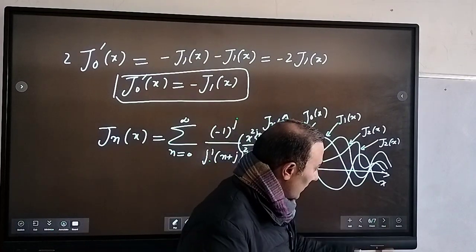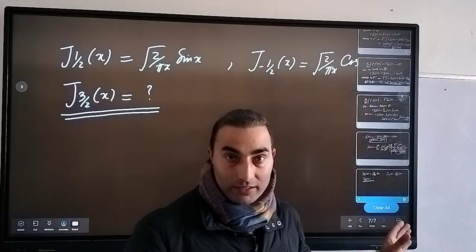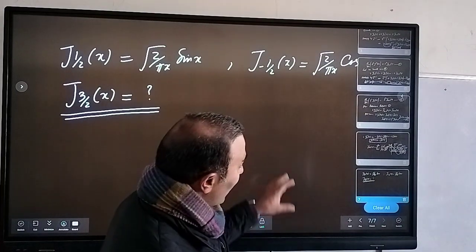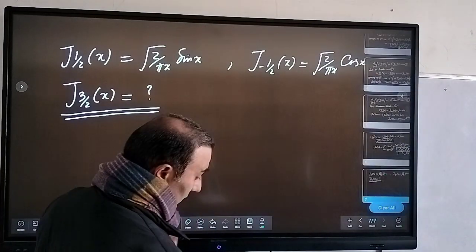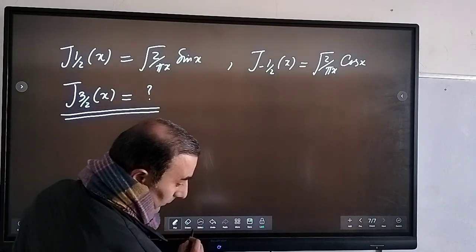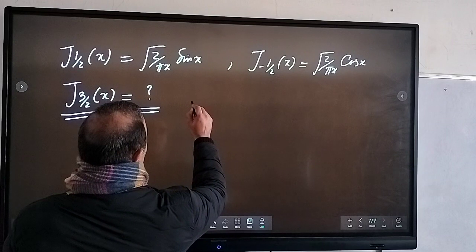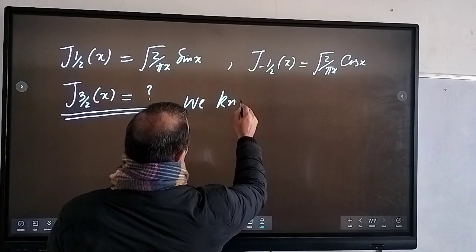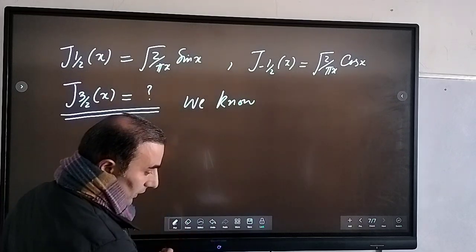Now, this is one of the significances of these recurrence relations, how to get the higher values of J. So first, let's have a look at this first recurrence relation. The first recurrence relation is d by dx of x to the power n times jn of x. We know that.